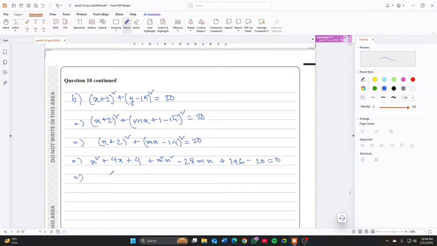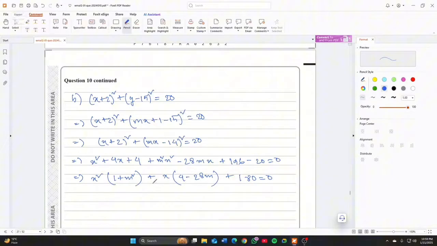Simplifying this further, if we take x squared common, it is (1 plus m squared), plus x common, then we have (4 minus 28m), and the rest is 196 minus 20 plus 4, which is 180, equal to 0.